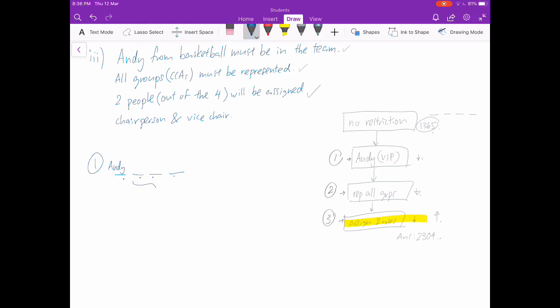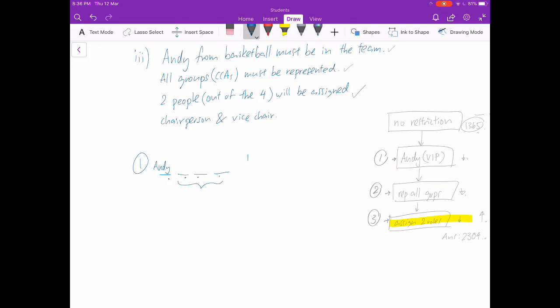Then the remaining 3 choose from any, correct? So let's look at our pool again. 5, 6, 4. Now if Andy must be here, Andy is the VIP. What happens? Andy is from basketball. So basketball drops to 4 because of Andy. Okay, now my pool size is 4, 4, 6.